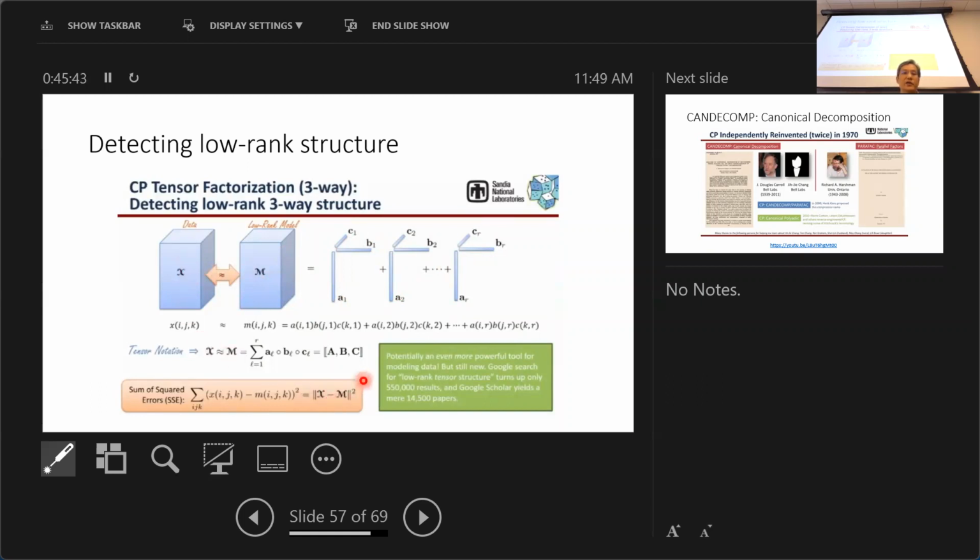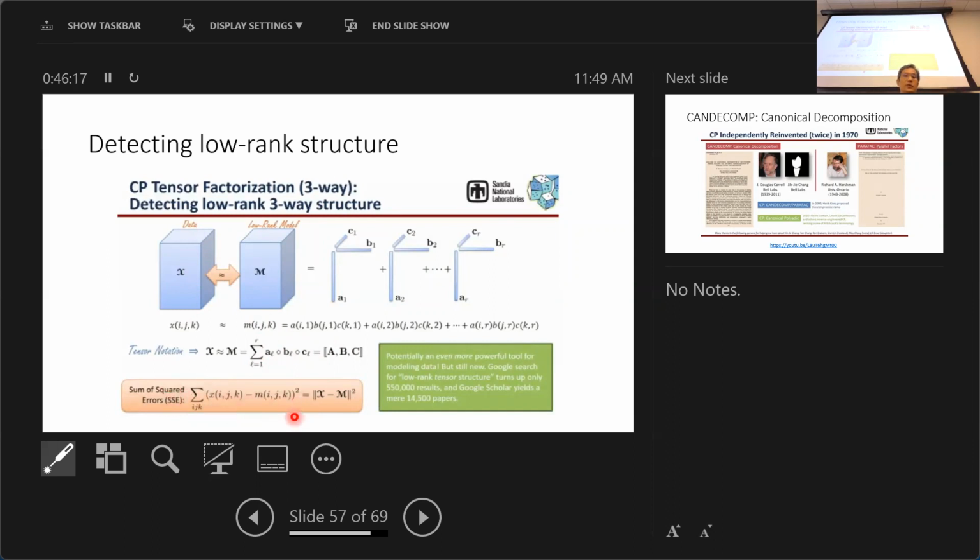So the algorithm you will have is something like this. You have I, J, K, the 3D tensor. And you want to make the difference between this tensor and this tensor, and their sum of squares, as small as possible. If you have two identical tensors, the difference between them and the sum of squared error will be 0.